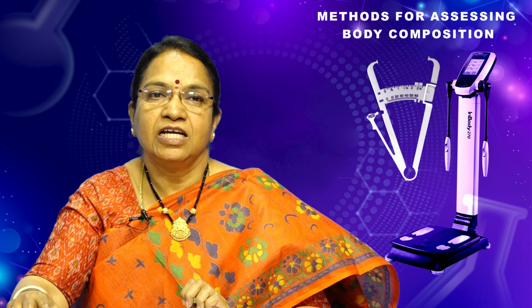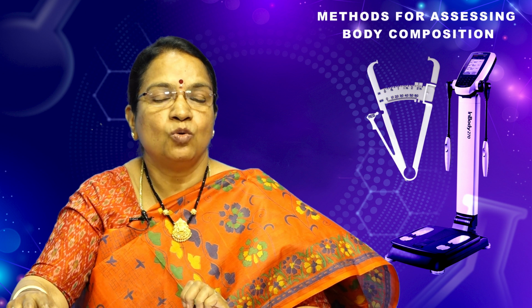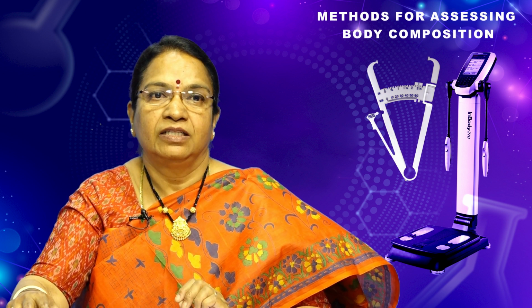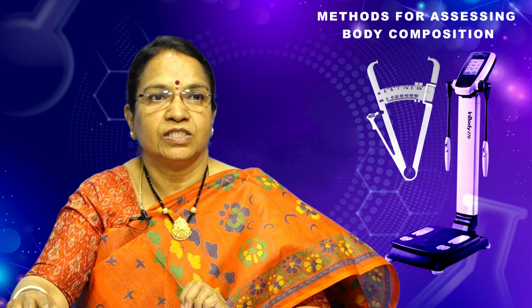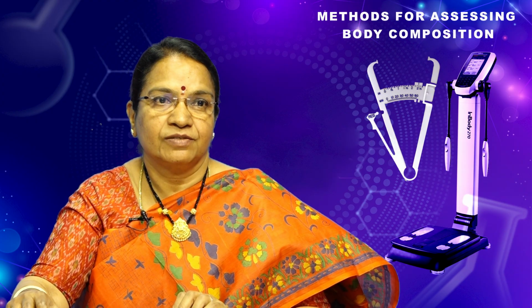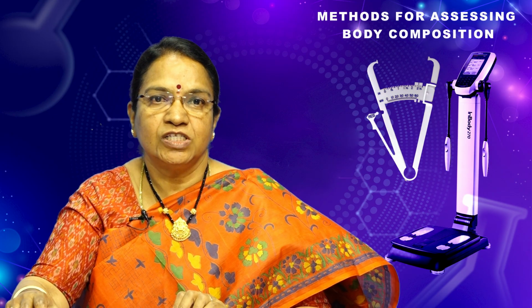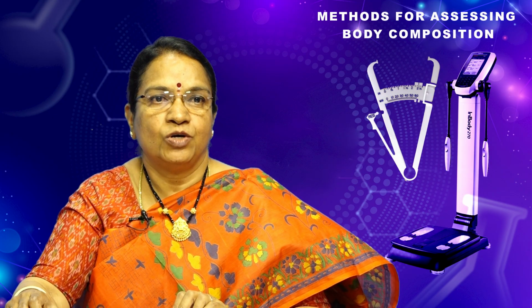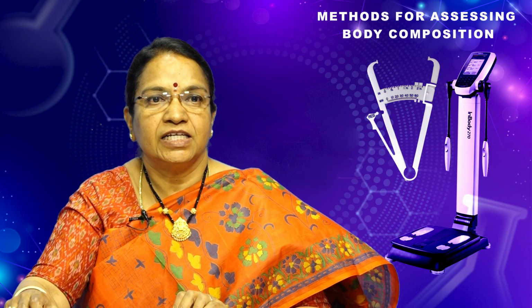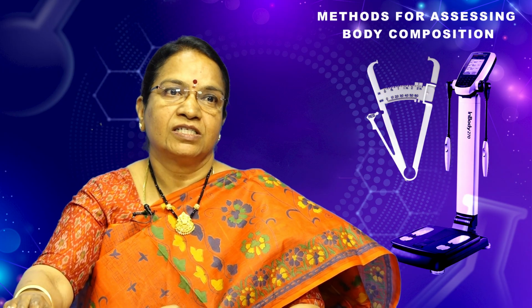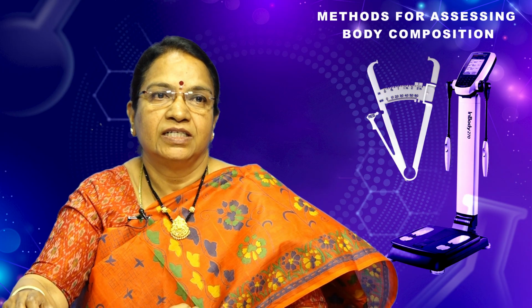Typically, the high compartment models are more accurate as they require more data and thus account for more variation across the individuals. The 4 compartment model is considered as a reference model for the assessment of body composition as it is robust to most variation. Each of its components can be measured directly.